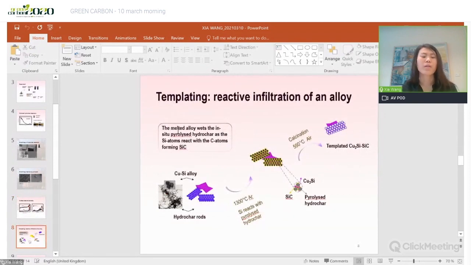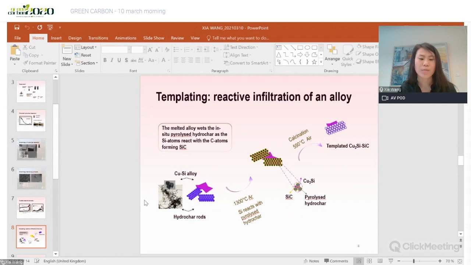So when it comes to the templating, it's similar to what Professor Vanessa talked about yesterday. But what is different here is that, instead of a physical template, there is a chemical reaction happening during this templating.